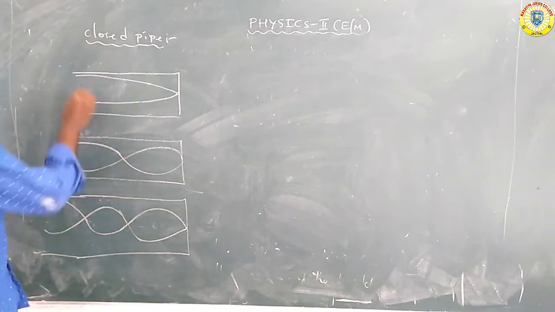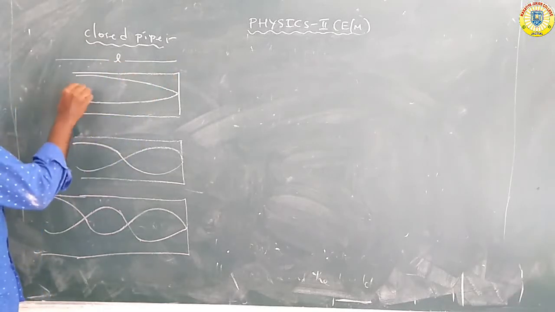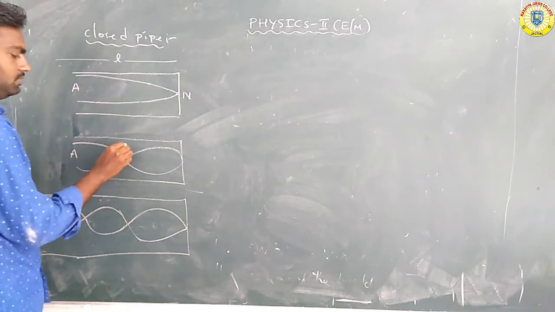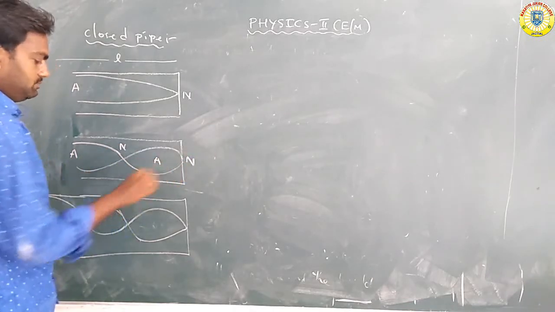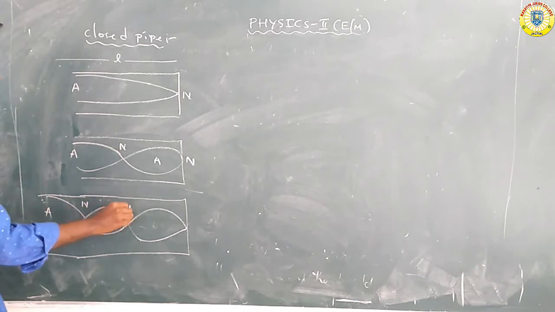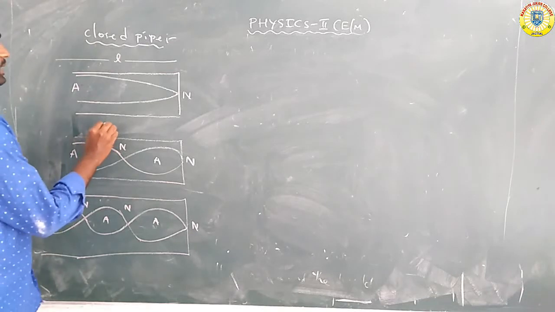Okay. So the length of the pipe is taken as L. One antinode, one node is formed. Antinode, node, antinode, node, antinode, node. L is equal to the length of the pipe.